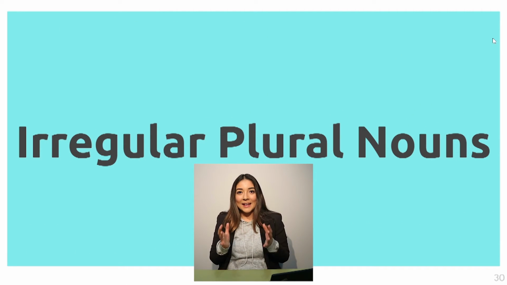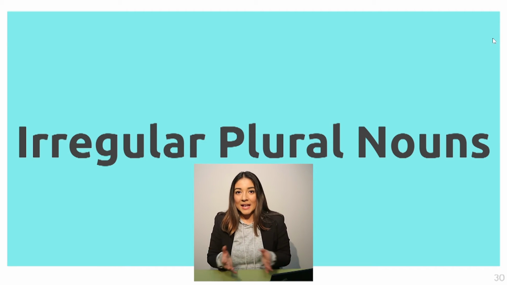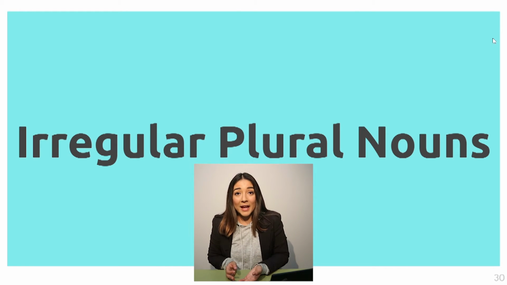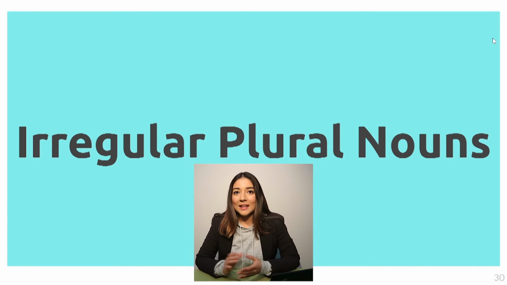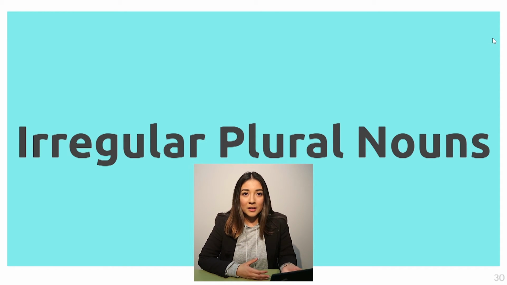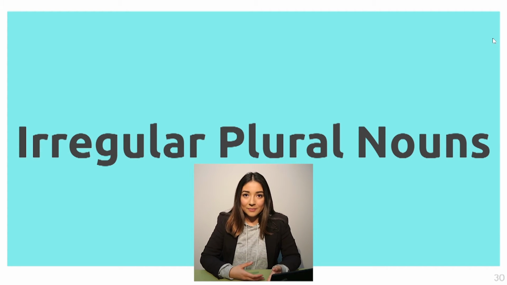Okay. Now, taking words that end in F and FE is the perfect transition into talking about irregular plural nouns. This is because they don't follow any other rule that we've come across before. As I mentioned in a previous video, irregular words, in any context really, are words that we have to simply remember, memorize, and learn as we come across them.